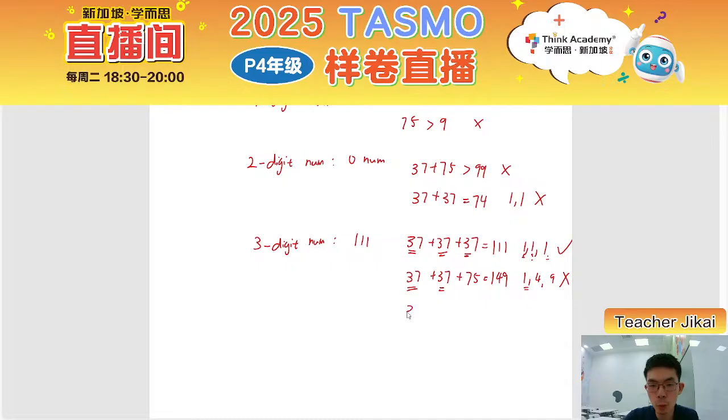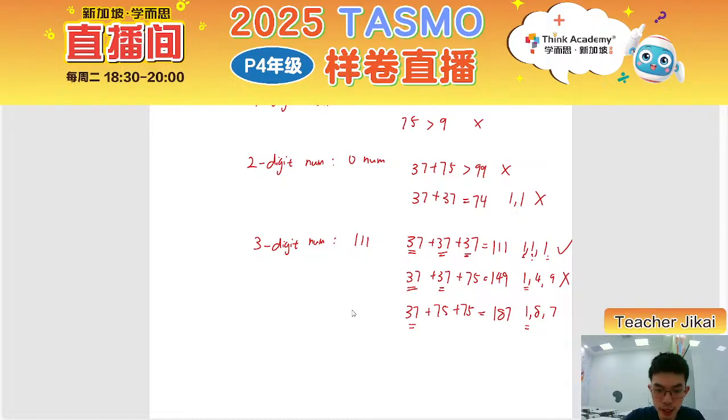We have only one 1 here and two numbers not being 1. So, 37 plus 75 plus 75. So, the answer here is 187. The elements for the number are 1, 8, and 7. So here we have 1 giving you 37 in length, and then yes, we only have one 1. So 187, the length for it is 37 plus 75 plus 75, also 187.